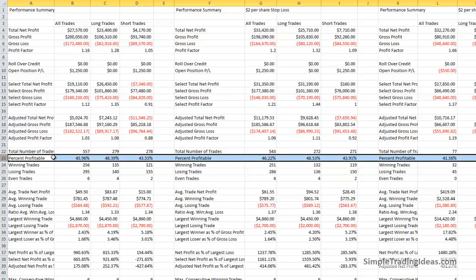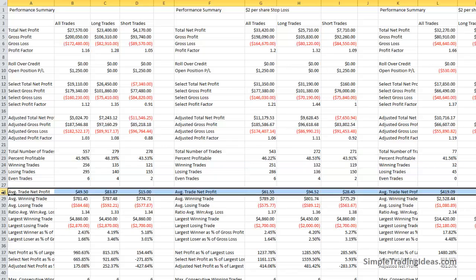Percent profitable here is 45.96. Well, it's almost 46%, about the same there. Here, the level of profitability is a smaller percentage. Now, it's a smaller percentage of the trades that were profitable, but here's something interesting to note, and something that's important, especially when you're looking at, well, any system actually.